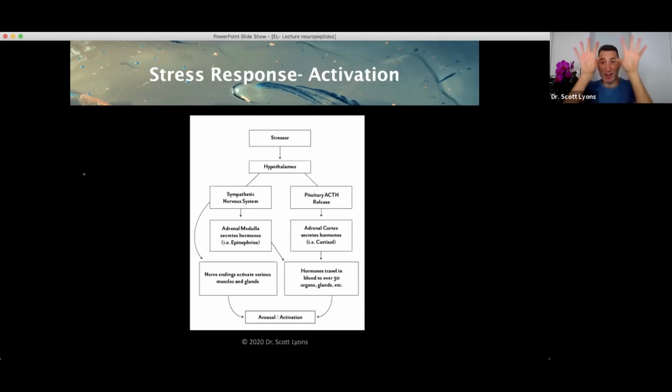These portals of sensory information come in through the sense organs, and they relay into the hypothalamus.